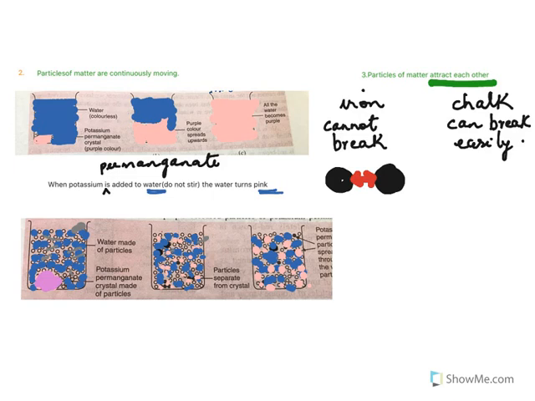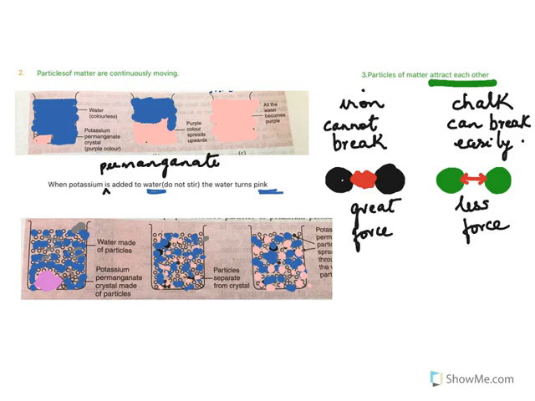But if we take one atom of chalk and another atom of chalk, the force between these is not strong, it's very less. This force is very huge, very strong. Here the force is less.